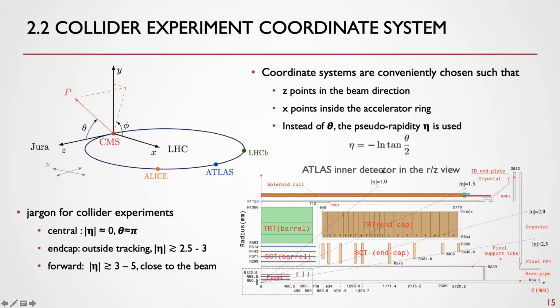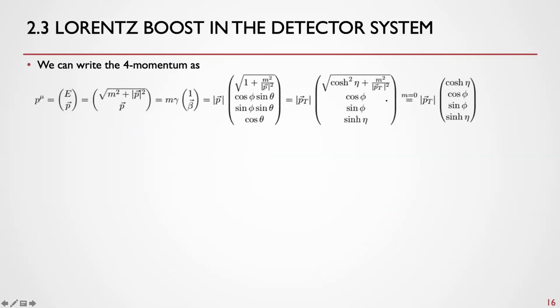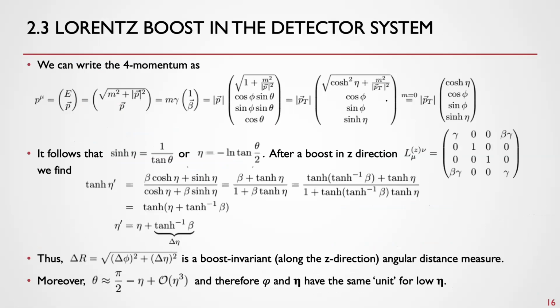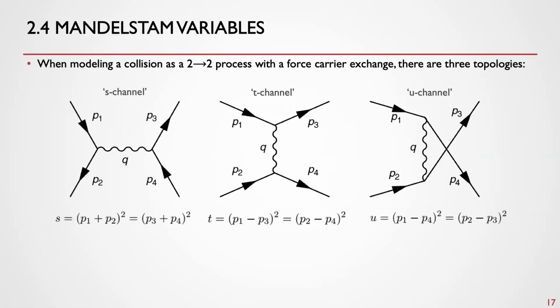And differences, therefore, are unchanged. That's why pseudo-rapidity is really preferable, and you will often find phrases like high eta, low eta when discussing the kinematics of particles in the end product of collisions in collider experiments. Good.